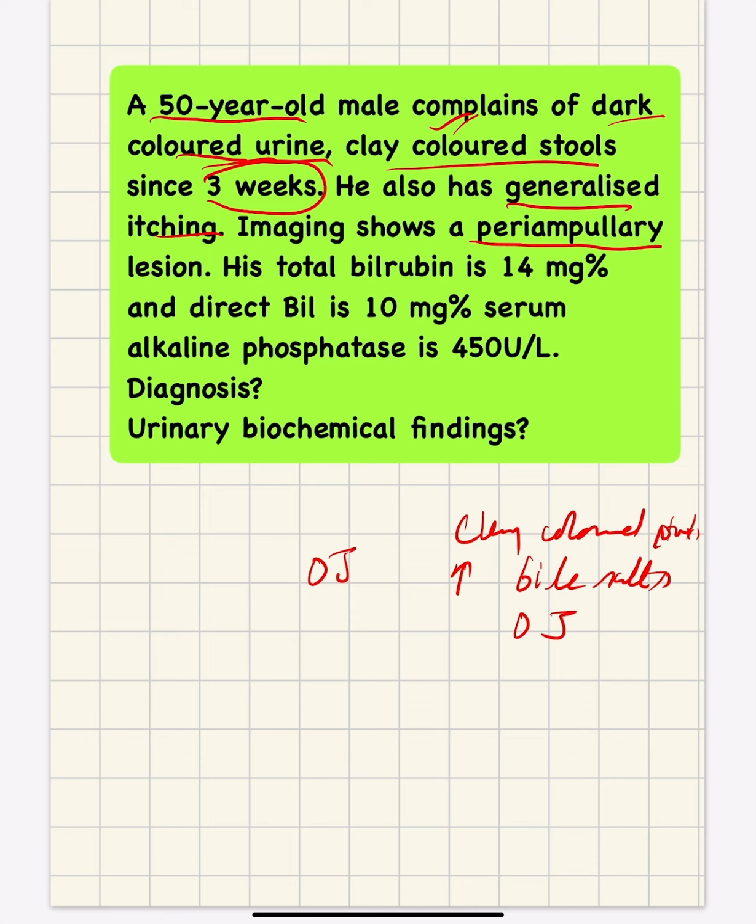Then imaging shows a periampullary lesion. The periampullary area is the area where the ampulla of Vater opens, near the second part of the duodenum.